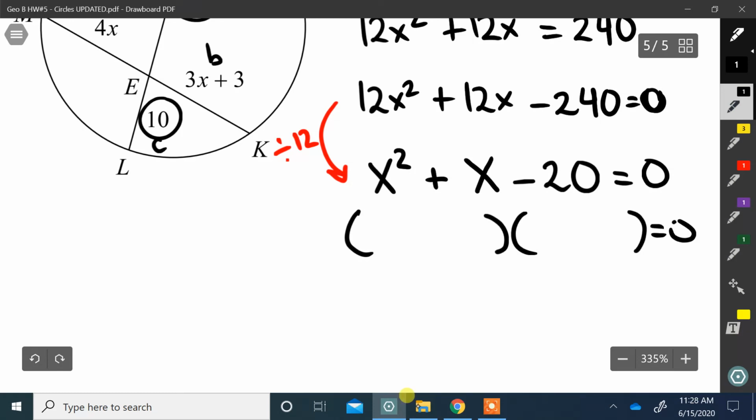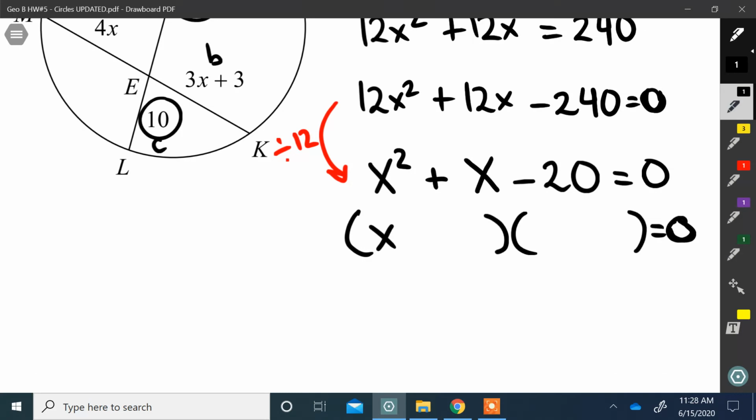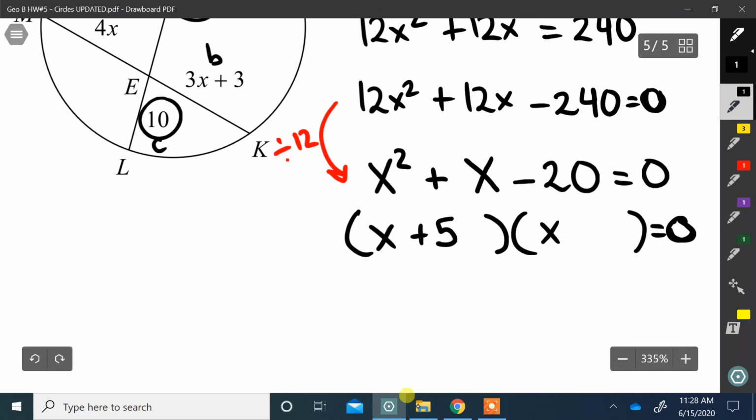Notice that I haven't used that app anymore, because for me, factoring is so much easier and so much faster, guys. This will be x plus 5, this will be x minus 4. That means x is either negative 5 or x is equal to positive 4.